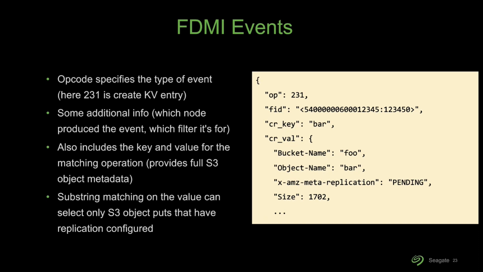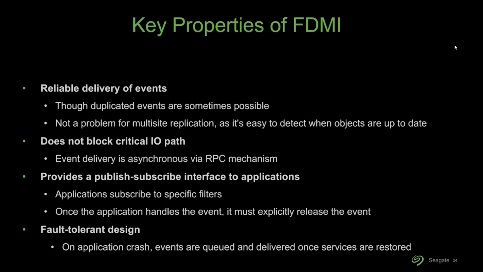So the idea is, from the S3 server perspective, we just have to put the object metadata into Motor, and then FDMI will pick up that object metadata and send the notification for us automatically. So FDMI has some very nice properties which align very well with the requirements that I gave earlier in the talk.